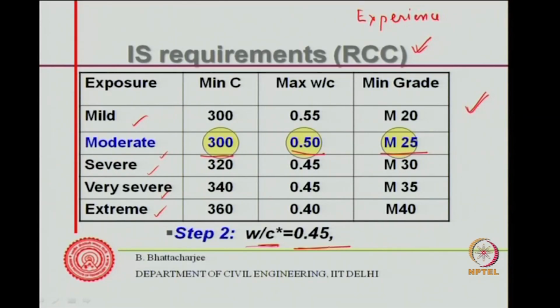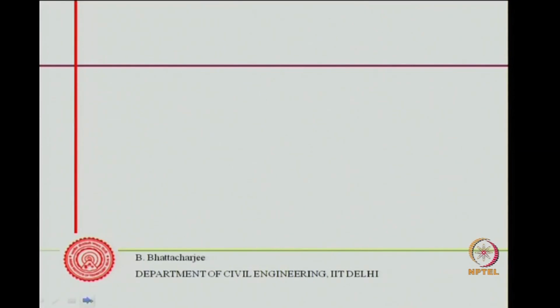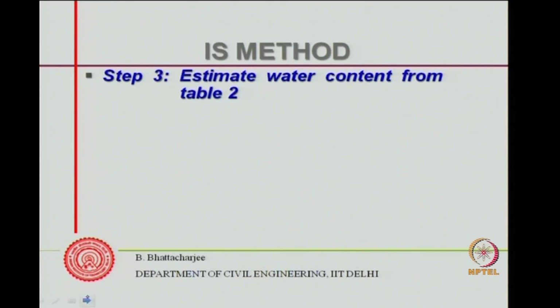Supposing I feel that with 0.5 I may not be able to get 32 MPa mean strength, I put it as 0.45. So, these are the two cases, either I take this or this. Since my experience says so, the water cement ratio I will be using is 0.45, whichever is smaller.